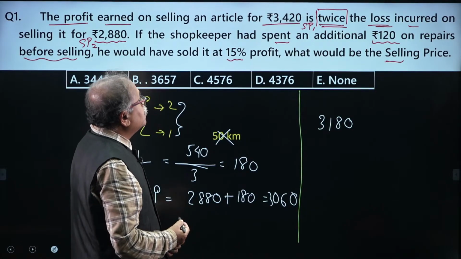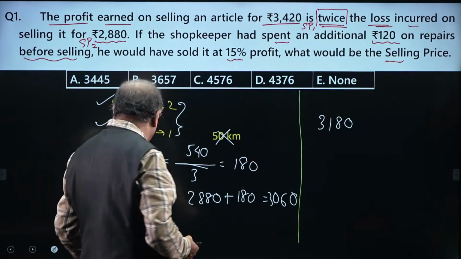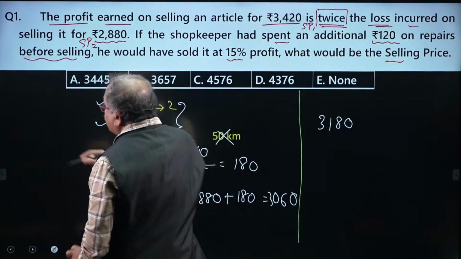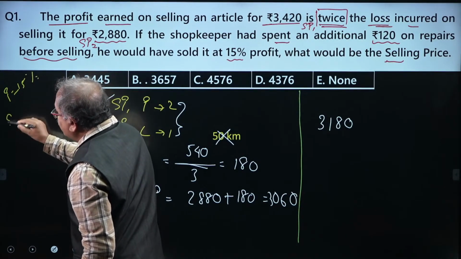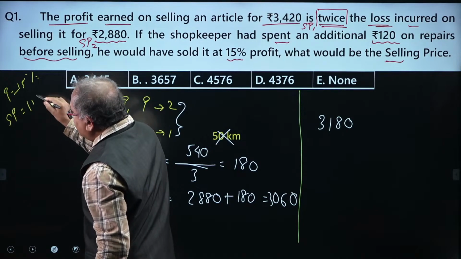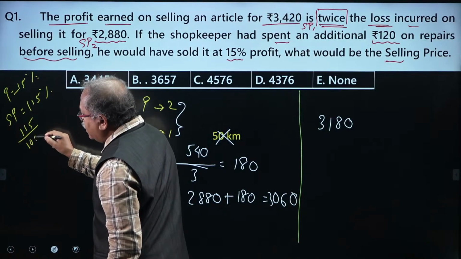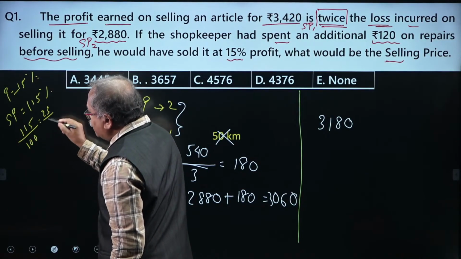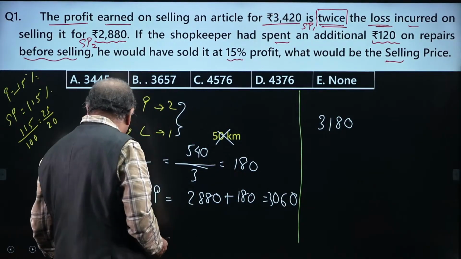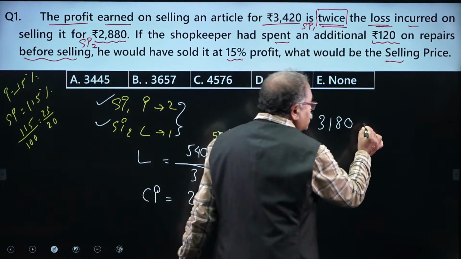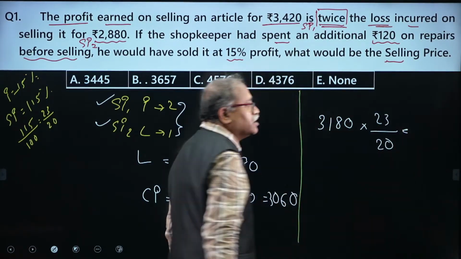Now I need to find the selling price if it is sold at 15% profit. If the profit is 15%, then the selling price will be 100 plus 15, that is 115%, which is 115 by 100, which is 23 by 20. So why not directly write 23 by 20? My required value is this cost price into 23 by 20. That is finally your answer.